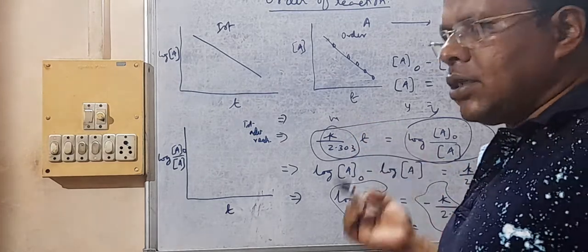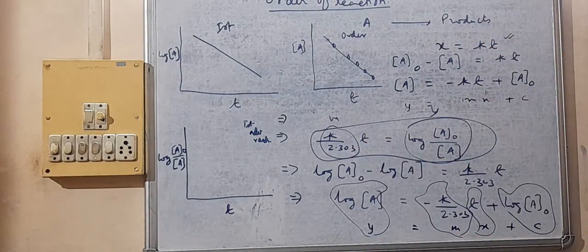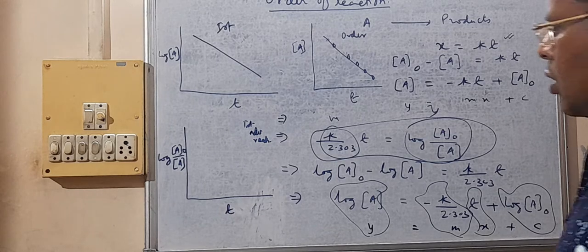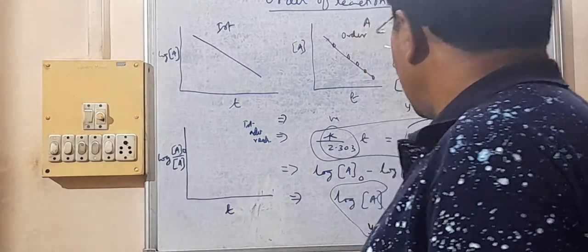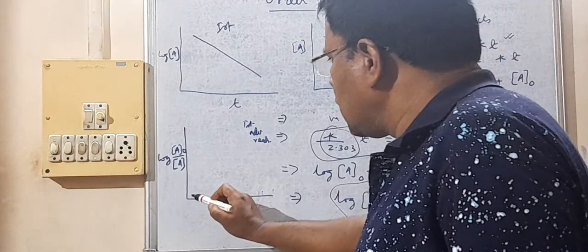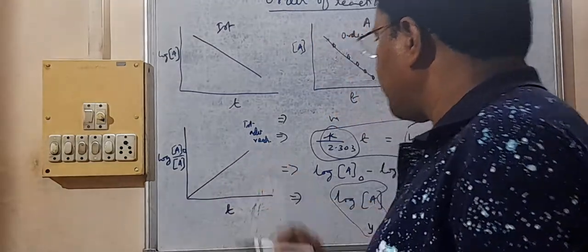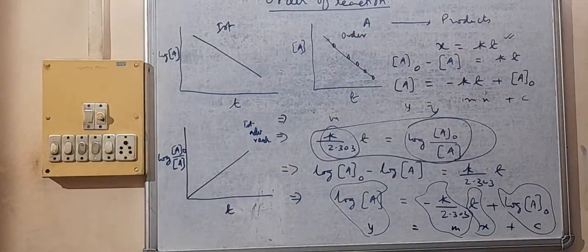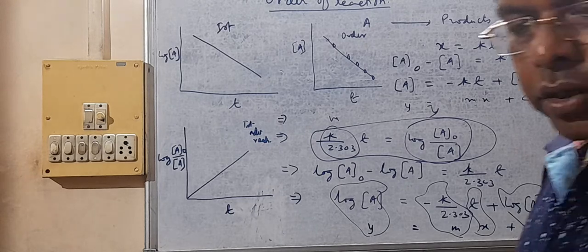Since graph of y equal to mx is a straight line, this plot also will be a straight line passing through the origin. So this will be the graph in that case. So this is about how we can understand whether a given reaction is zero order or first order.